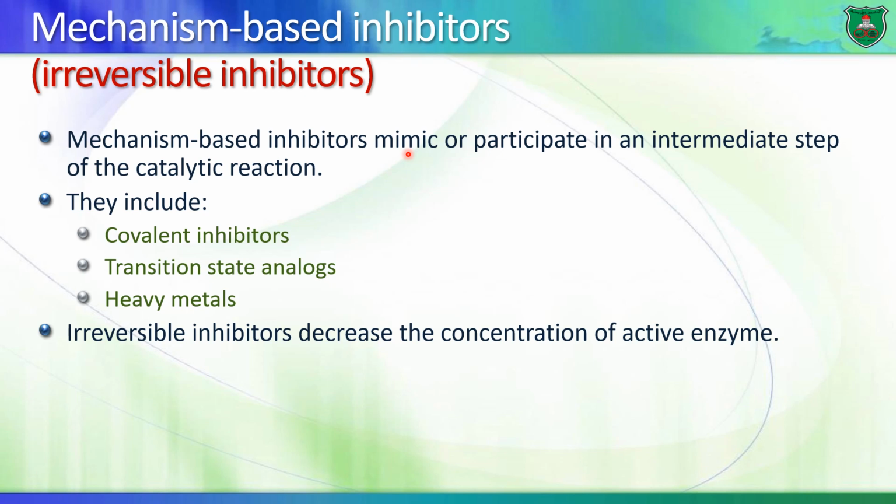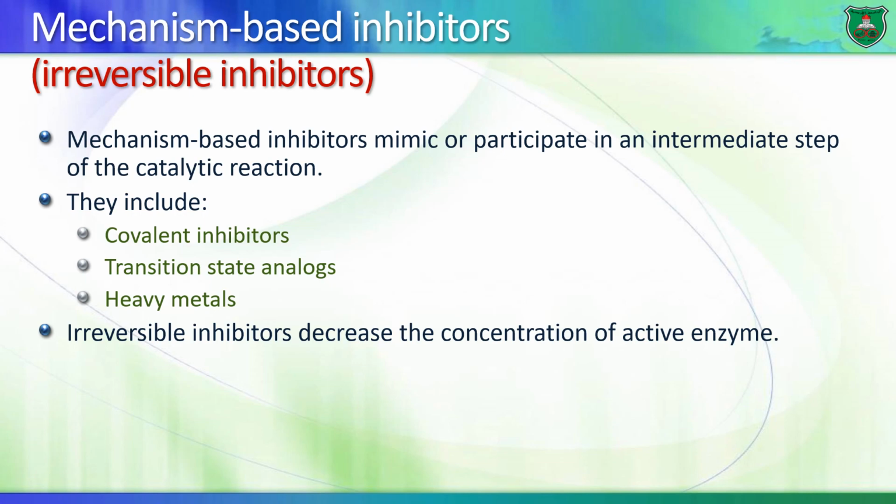So what they do is that they bind very strongly to the enzyme. You have covalent inhibitors, you have transition state analogs, and you have heavy metals. What they do is that they decrease the concentration of the active enzyme. Okay, they kill the enzyme.